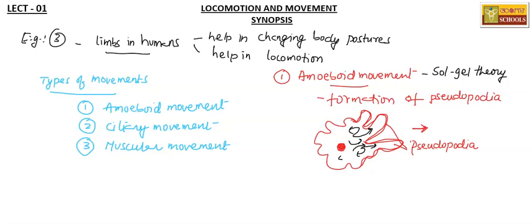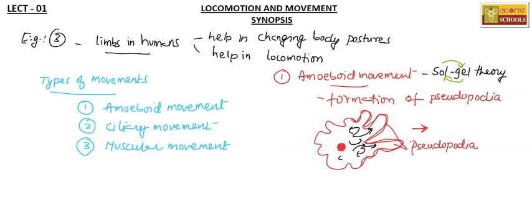Here the sol converts into gel, and the gel converts back into sol, and that results in the movement of the amoeba, helping the organism to move in a direction.